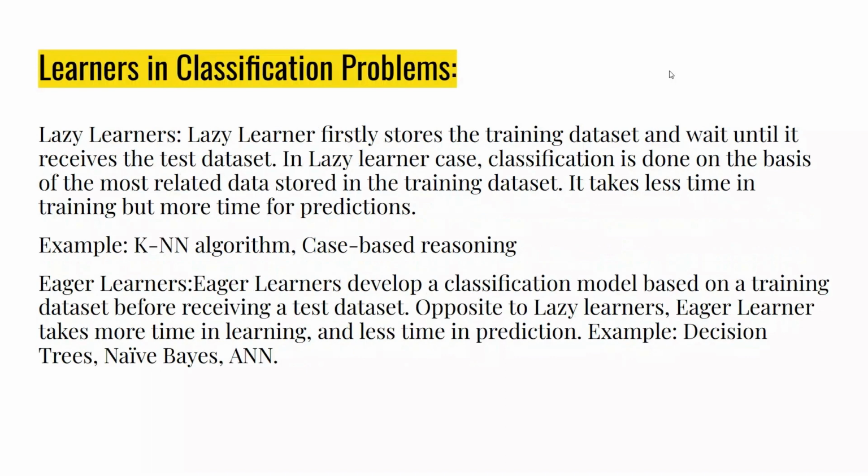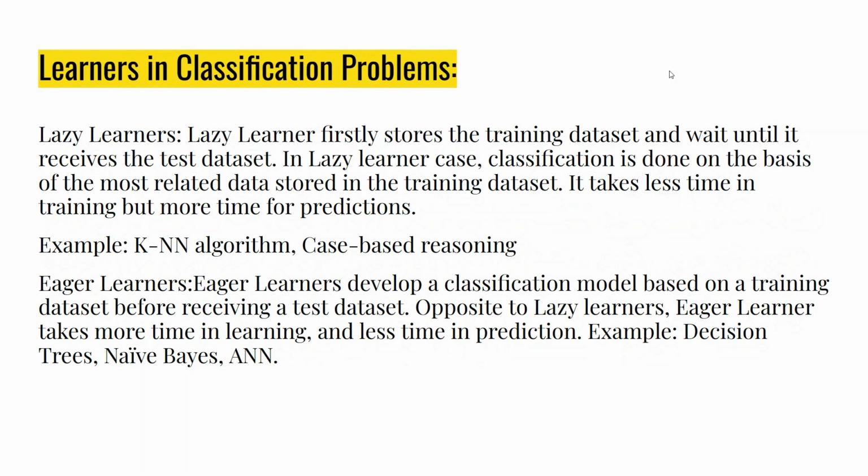Learners in classification problems: lazy learner and eager learner. A lazy learner firstly stores the training dataset and waits until it receives the testing dataset. In the lazy learner case, classification is done on the basis of the most relevant data stored in the training dataset. It takes less time in training but more time for predictions. For example, the KNN algorithm.